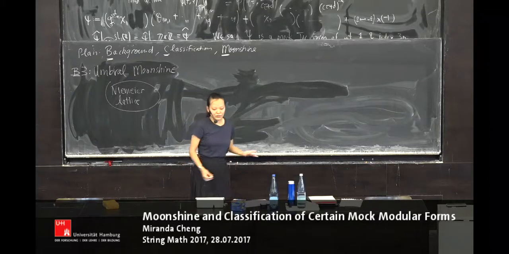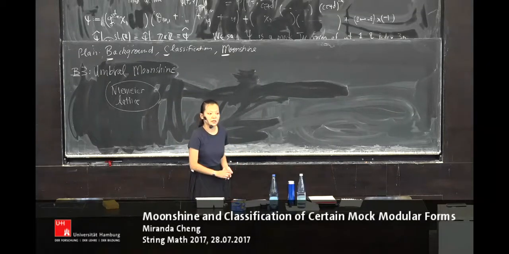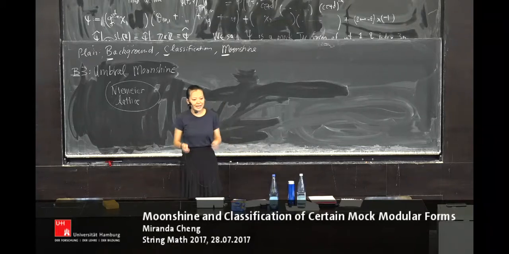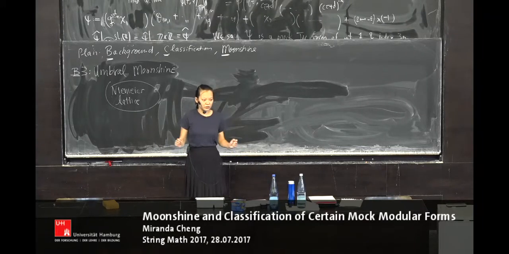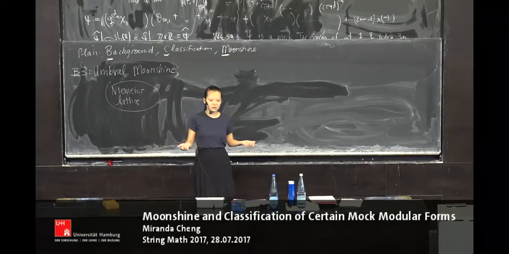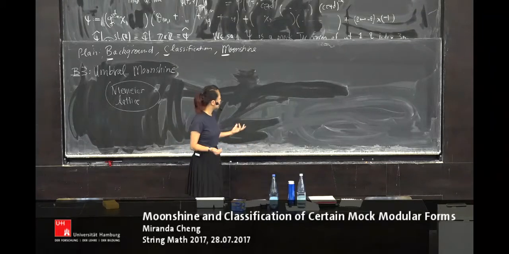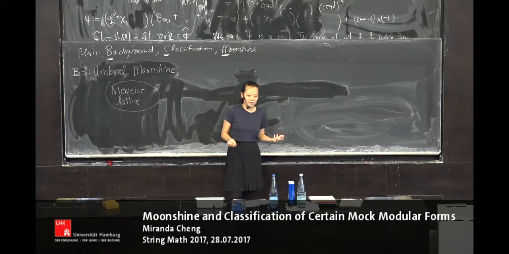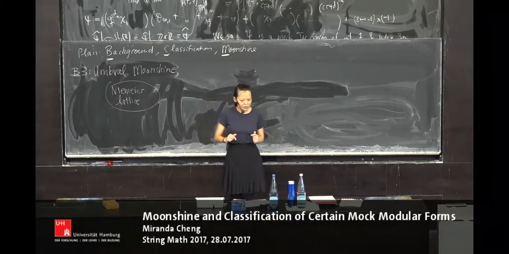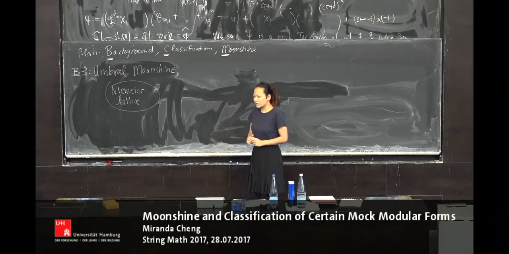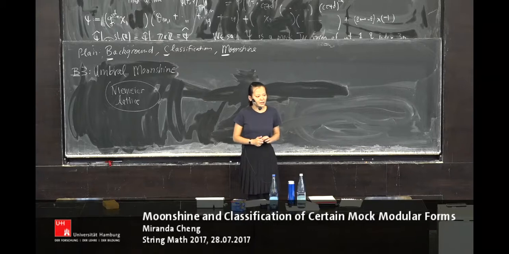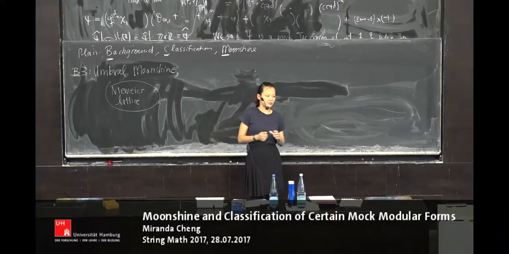We know, due to the theorem of Niemeier, that in 24 dimensions there are exactly 24 inequivalent even self-dual lattices. We all love even self-dual lattices with positive definite signature. One of them is distinguished, the Leech lattice, because it does not have root vectors.